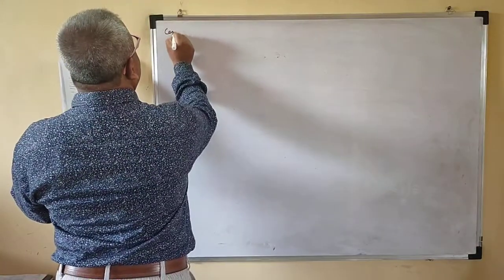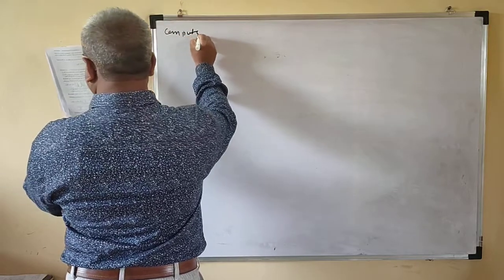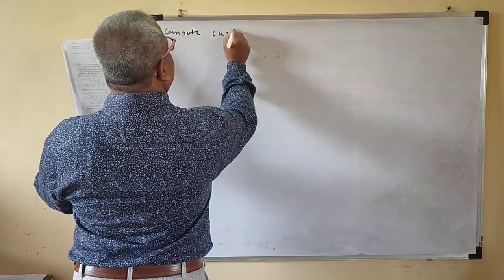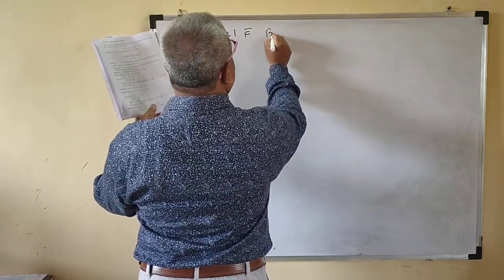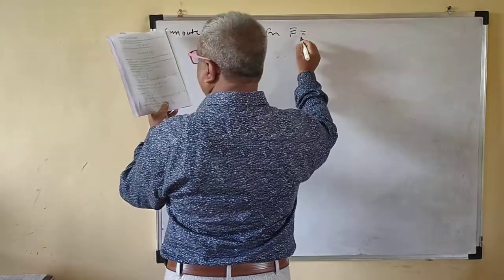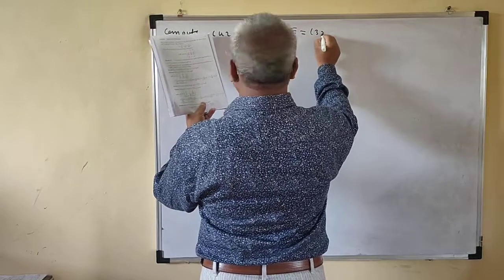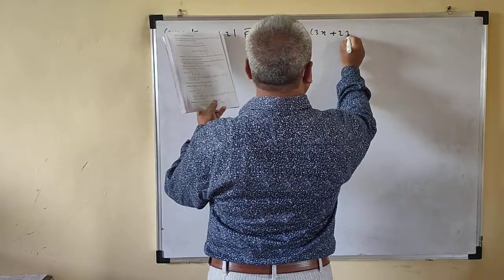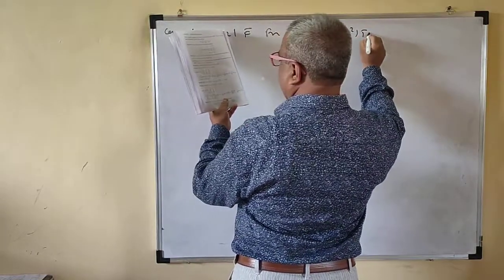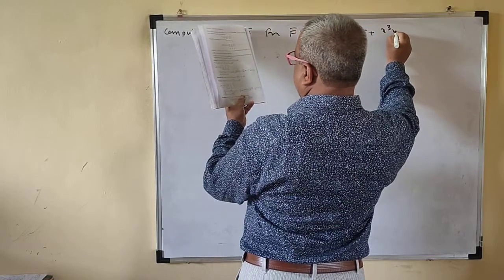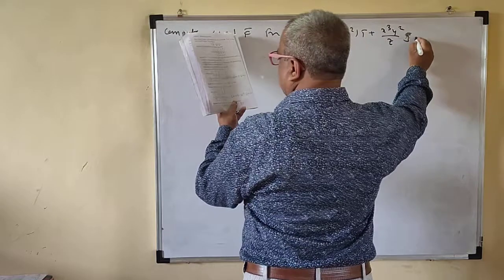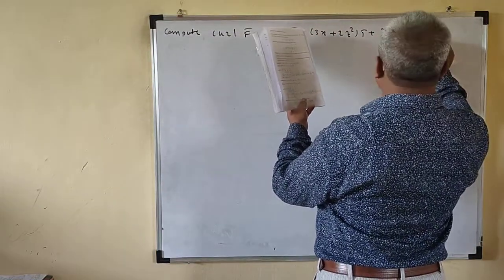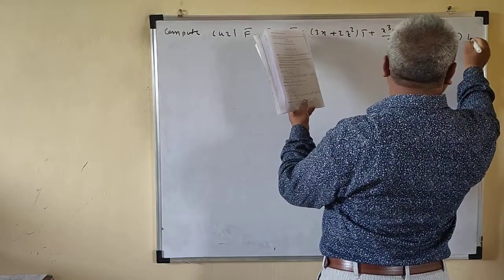Compute curl of f bar, for f bar equal to (3x plus 2z square) i bar plus (x cube y square upon z) j bar minus (z minus 7x) k bar.